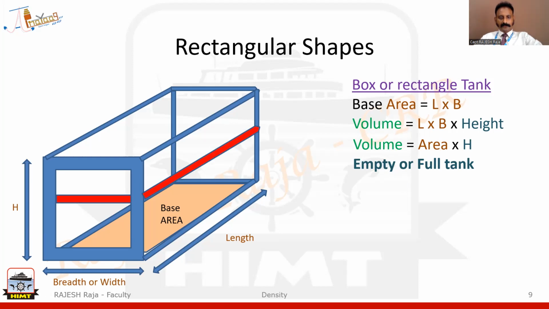There you will come across two features now. Vertical height from the base is called sounding in your shipping industry. And there is an empty space left over, and that vertical height is called ullage.